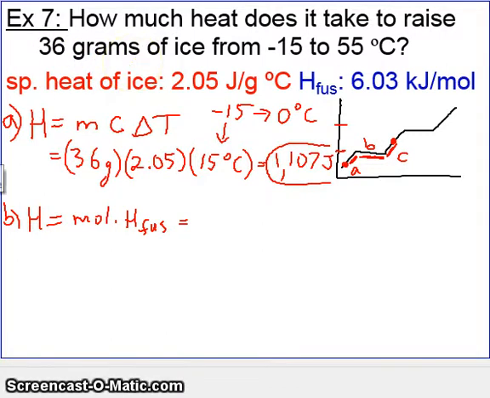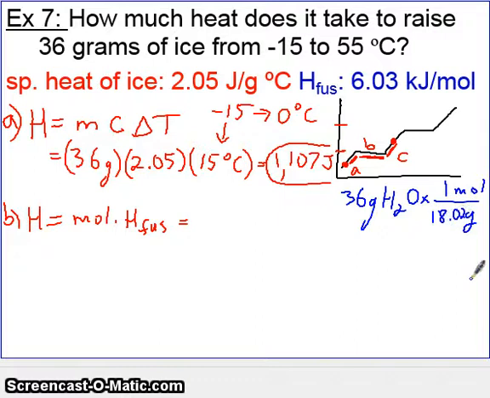Let's do that up here. We have 36 grams of water. As we convert from grams to moles, remember this is water, so it's always going to be the same molar mass. Grams go down here, 1 mole goes above, and it's 18.02 grams for 1 mole of water if you look at the periodic table. This gives exactly 2.00 moles.